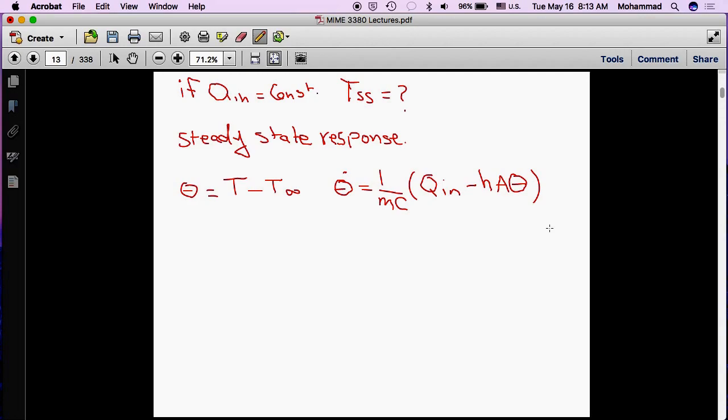What stops theta from decreasing anymore, according to the model? If you look at the model, when will theta dot become equal to 0? That tells you that theta no longer changes. Can you see that? Okay, when will that happen? Absolutely, that's the key point.